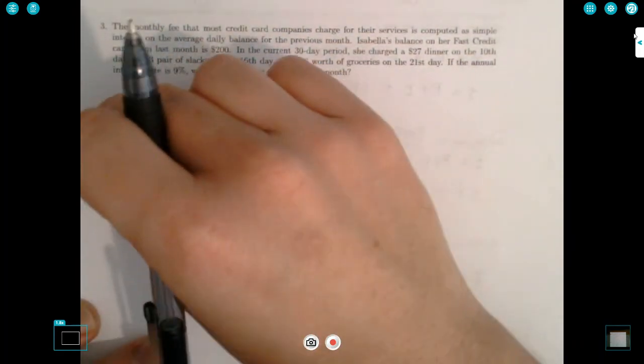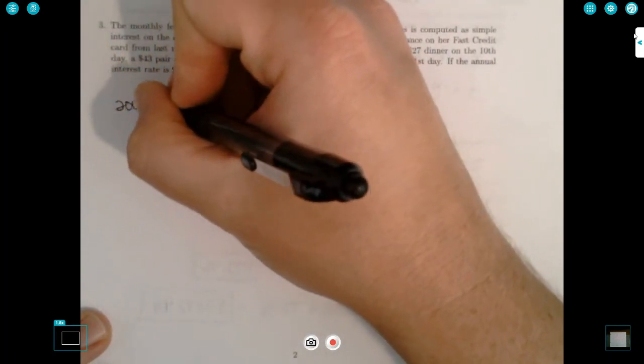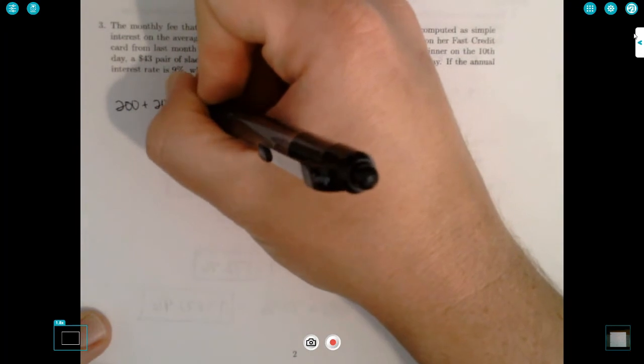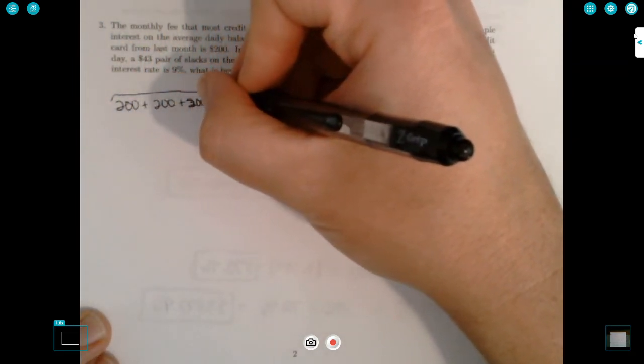So if I wanted to find her average daily balance, I would add up each individual daily balance and then divide by the number of days, which in this case is 30. So here's what it would look like. It would look like 200 plus 200 plus 200 a bunch of times. Actually, not 10 times, right?